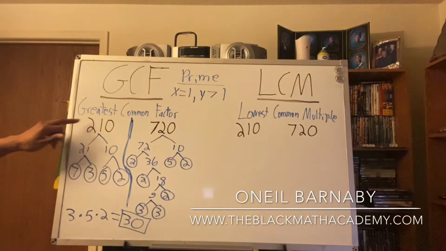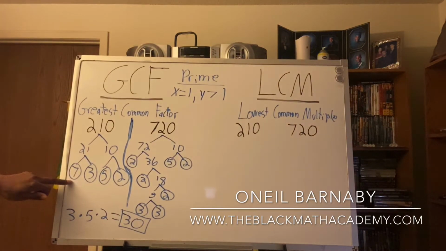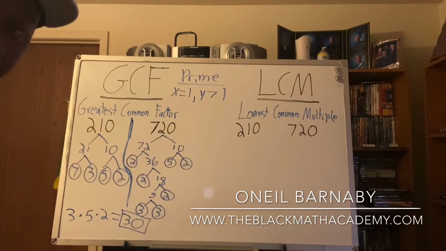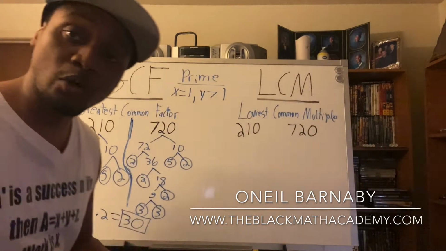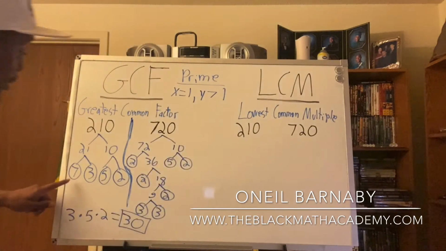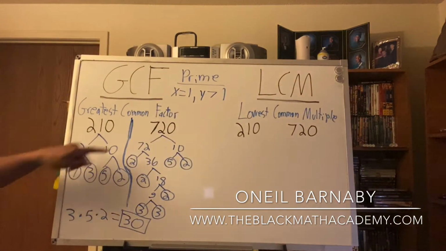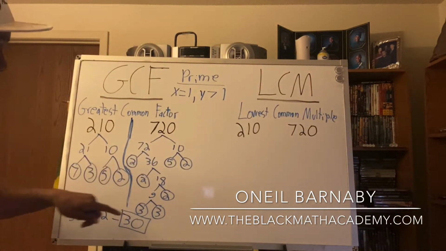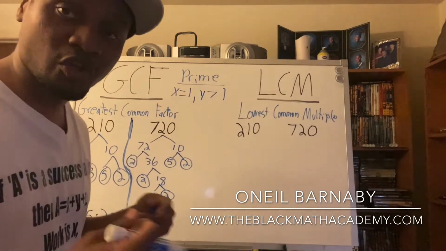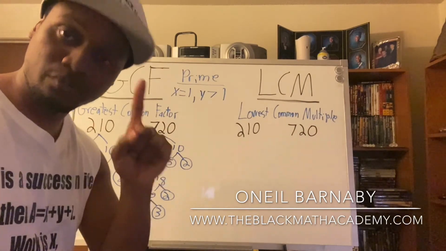So for 210, we have the prime factor 7. For 720, it does not have a prime factor of 7. But the most number of times it appears on either side is 1 time. Because 210 has 1, 720 has 0. So because it appears 1 time, we're going to use that 7 and multiply it 1 time.